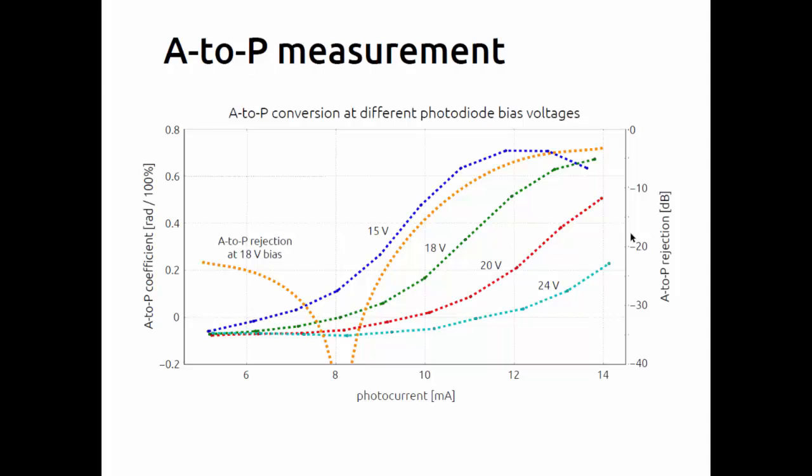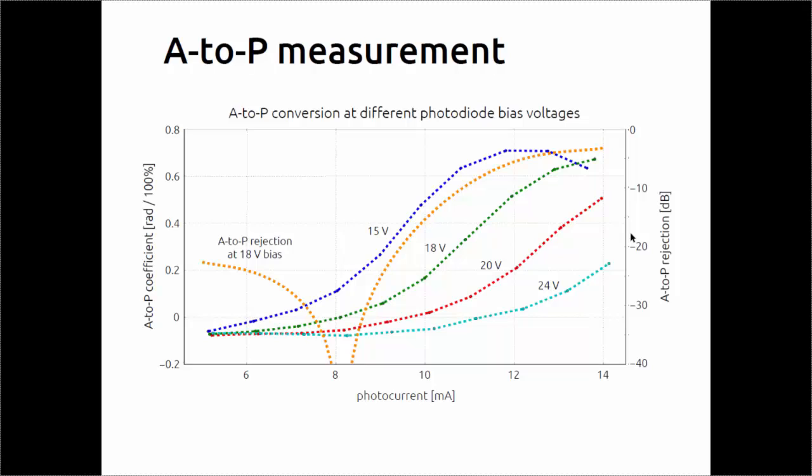The final reduction of this effect comes from the observation that the amplitude to phase conversion in the photodiode depends on many parameters. It mostly depends on the optical power on the photodiode, then on the photocurrent used by the photodiode, and on the bias voltage.